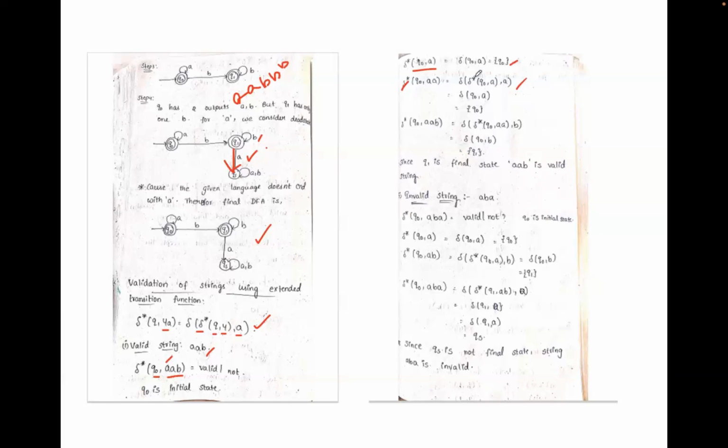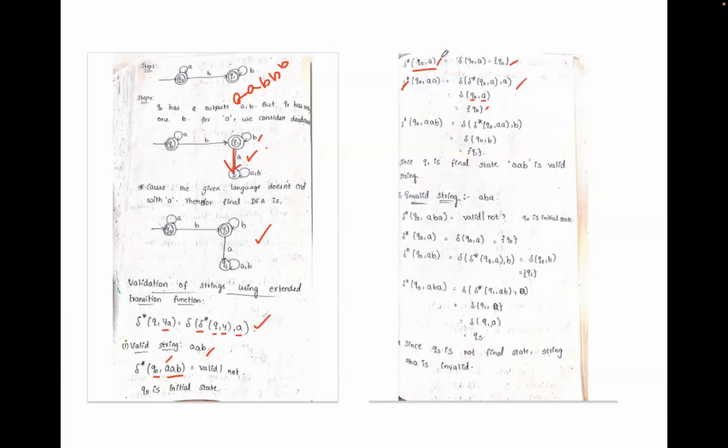Here, delta star of Q naught on A: again Q naught on A is Q naught only. Write the input symbol as it is, so find delta of Q naught on A. Q naught on A is Q naught itself. Then take all three characters now.